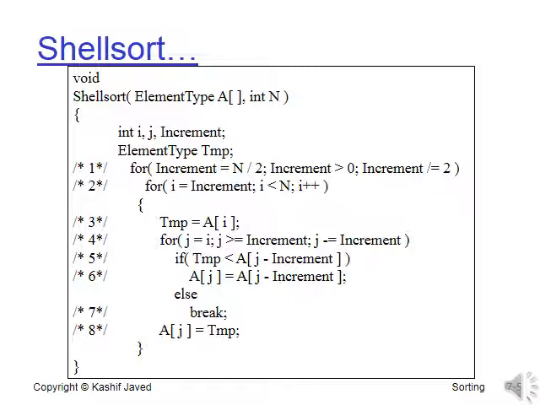You have an if-else condition where if the temp variable is less than array index j minus increment, then we proceed with assigning array index j minus increment to array index j. Else the inner for loop breaks and array index j is assigned the temp variable integer value.